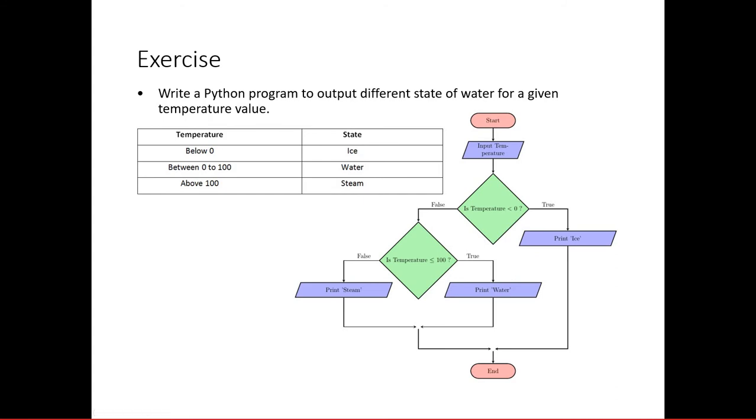Right, can you implement this one? In this one, basically you have to get some temperature values, and depending on the temperature you are going to output the state of water, whether it's ice, water or steam. I have given you the flow chart.